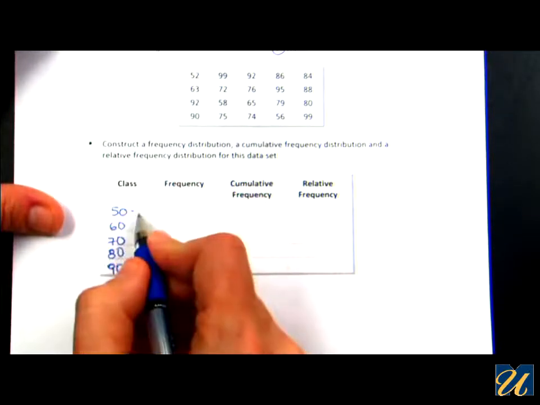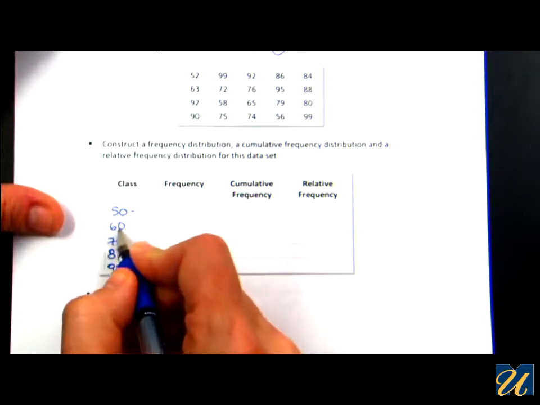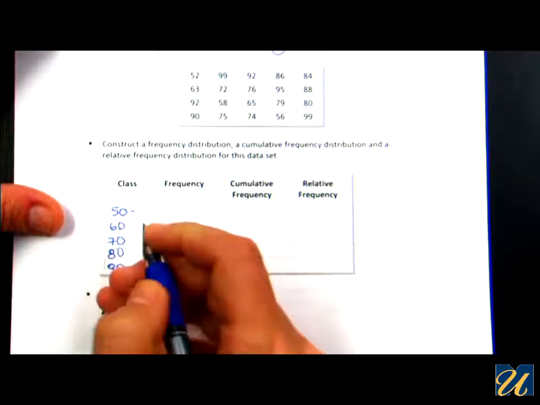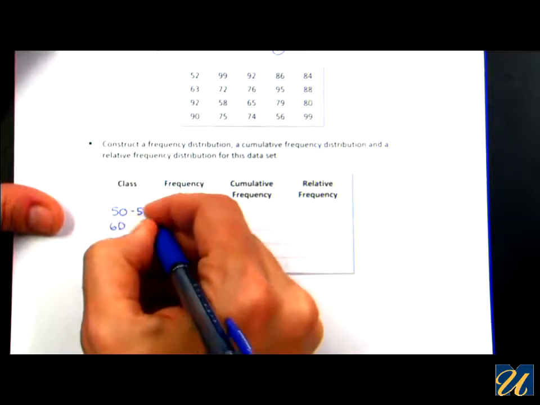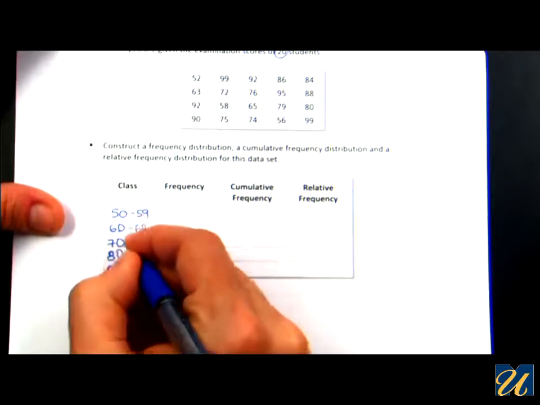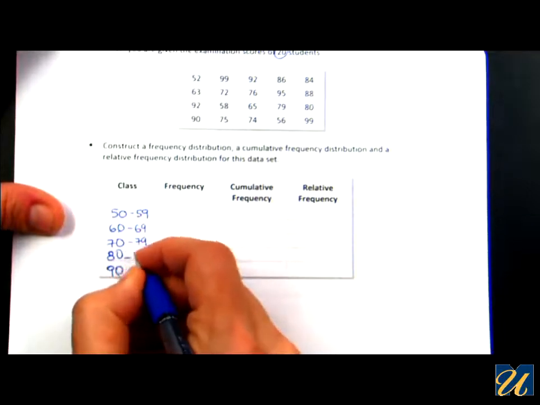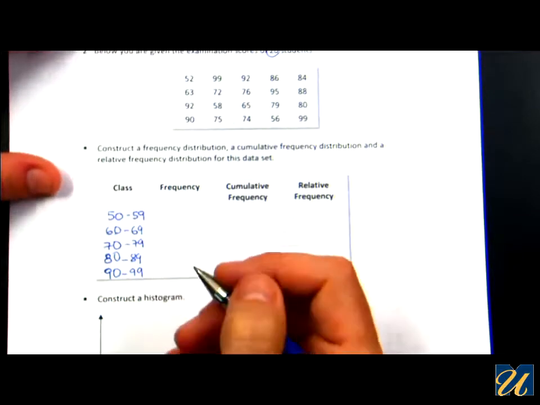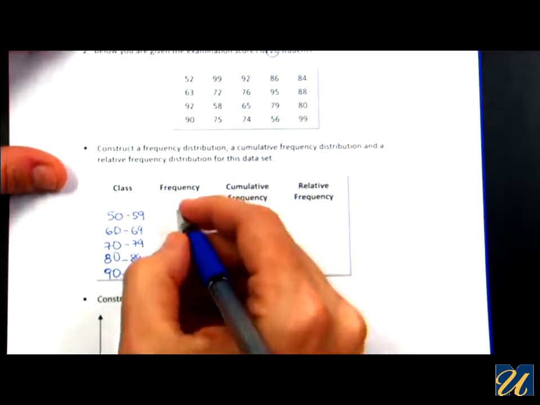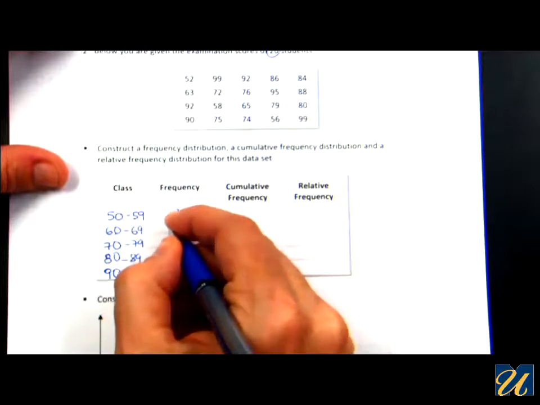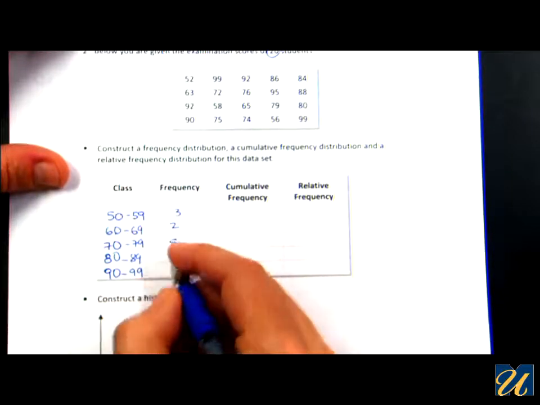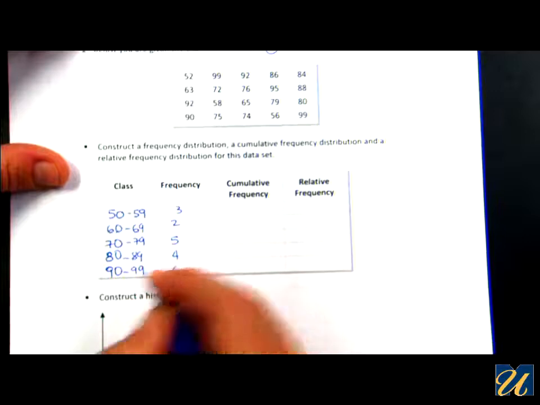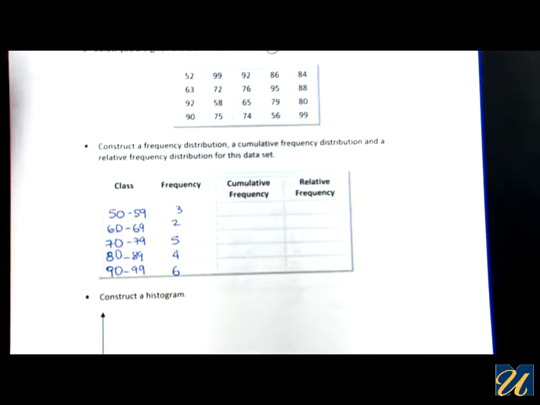So the upper limit of the first class would be 1 less than the lower limit of the second class, so that would make it 59, 69, 79, 89, 99. The frequency for the first class would be 3, 2, 5, 4, and 6 for the last one.